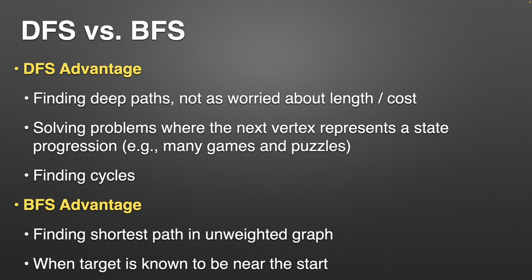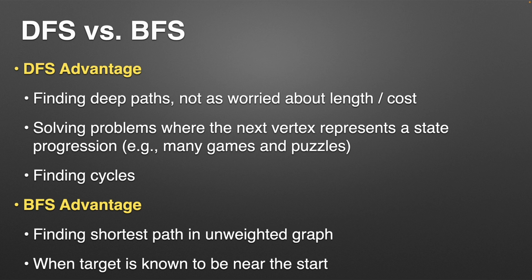Okay. So kind of pitting them against each other just to see why we would use either. It kind of seems like depth first search might not be great if you're thinking, oh well, it doesn't give me the shortest path, right? And if you're interested in the shortest path, then yeah, it's not great.